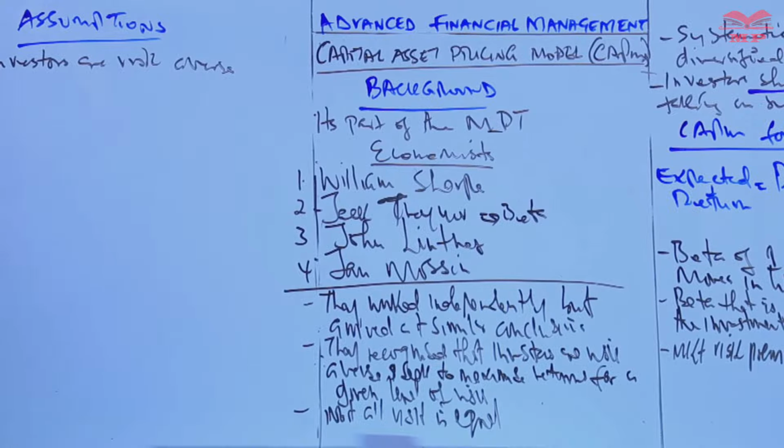Now in the exam, if you are short of points, you can separate these ones. Investors are risk averse, number one, they maximize utility and returns, and they are rational individuals.